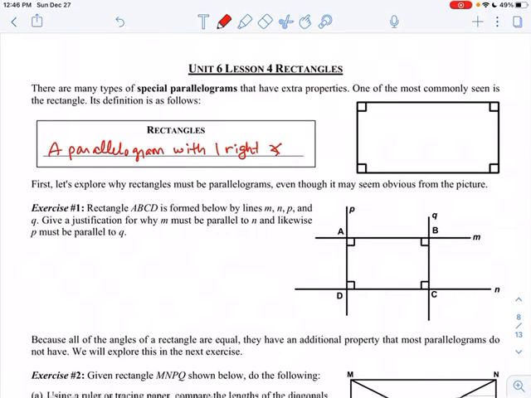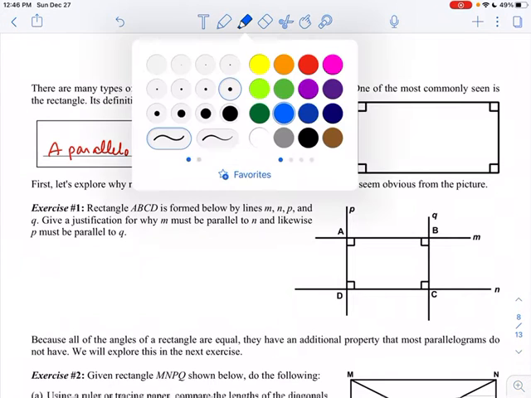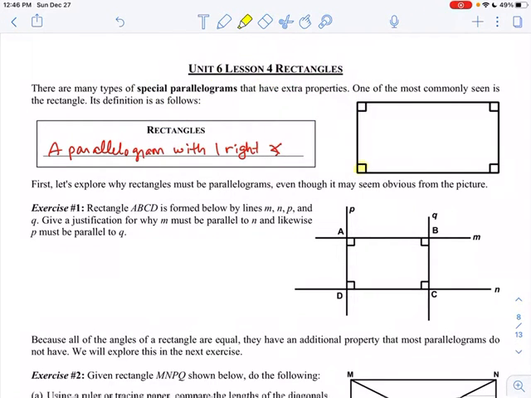Now, that doesn't mean that the other angles aren't right angles, okay? Because if I have one right angle, say that this angle right here in the bottom left corner was a right angle, well, that means the angle here has to be a right angle because opposite angles are congruent, and it means the angle here in the top left has to be a right angle because consecutive angles are supplementary, which means they equal 180, and it means the angle here has to be a right angle as well.